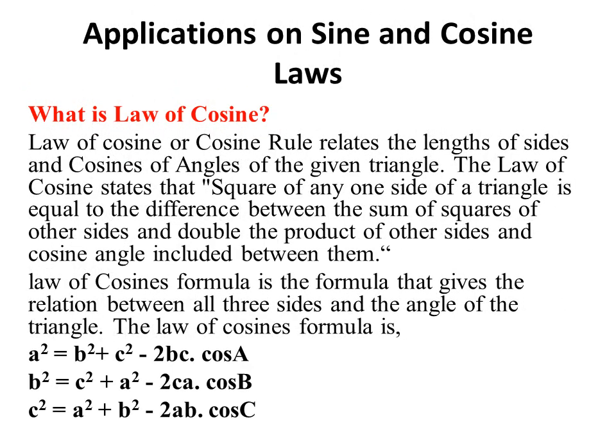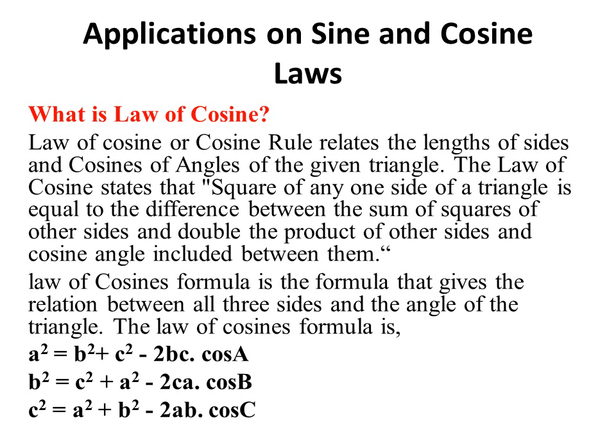Then we come to the law of cosine. The law of cosine, or cosine rule, relates the lengths of the sides and the cosines of the angles of a given triangle.